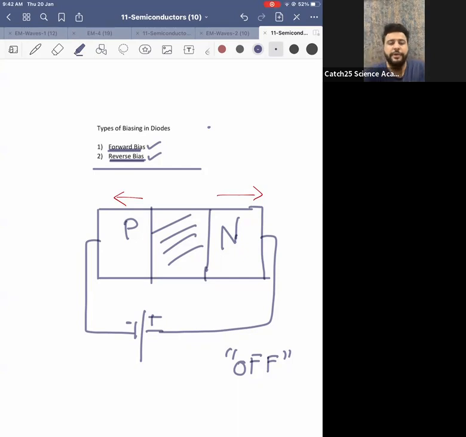So write down below the diagram a side heading: definition. If you look at forward bias, you have to write the exact opposite for reverse bias. So write down the definition.